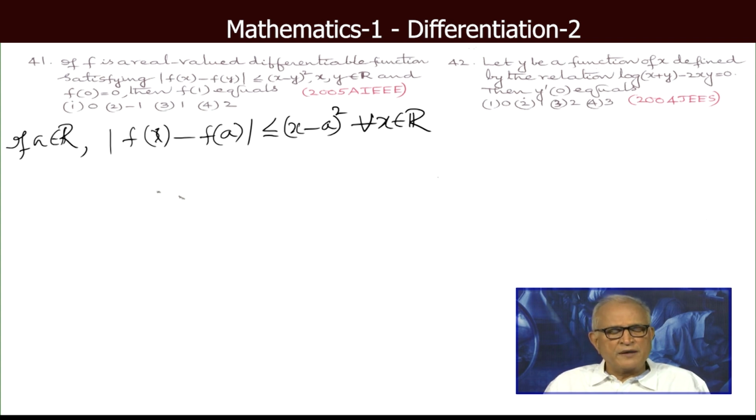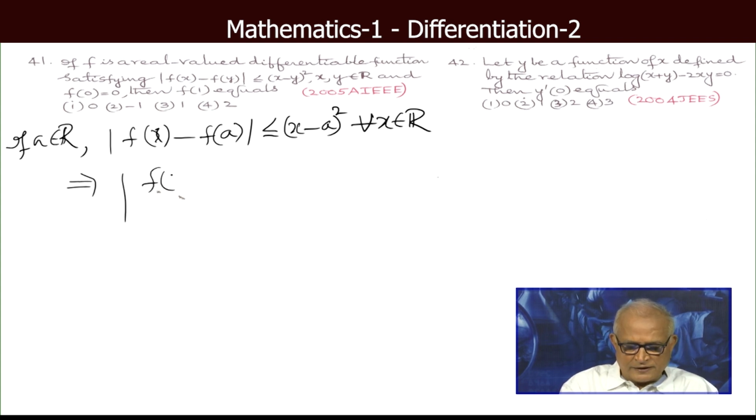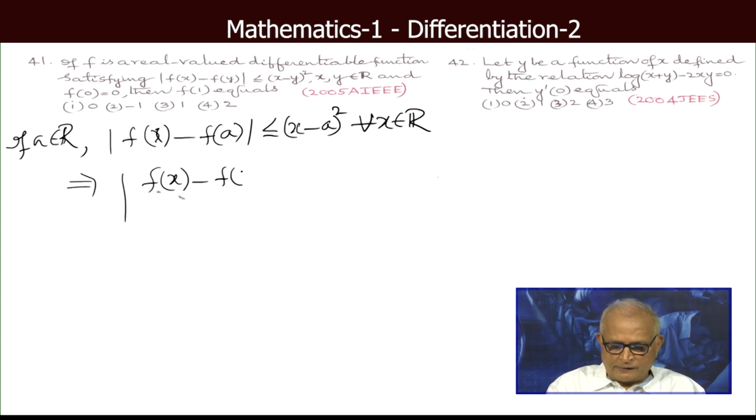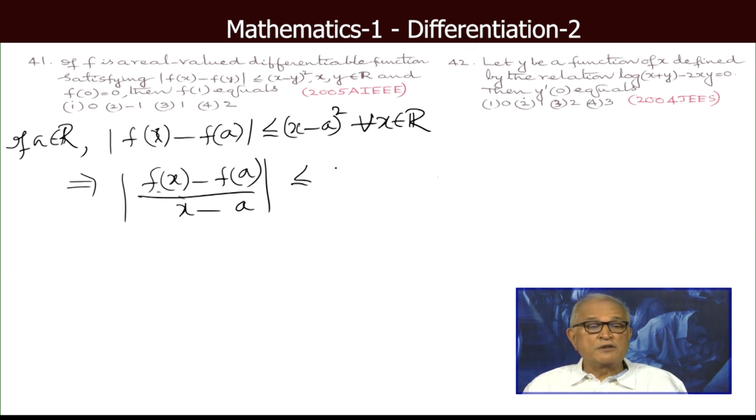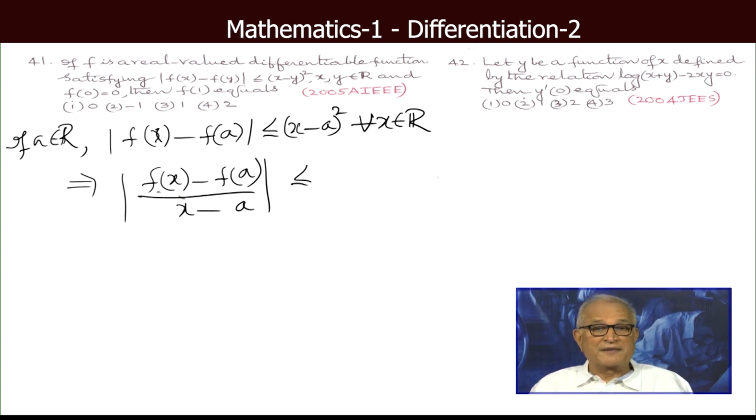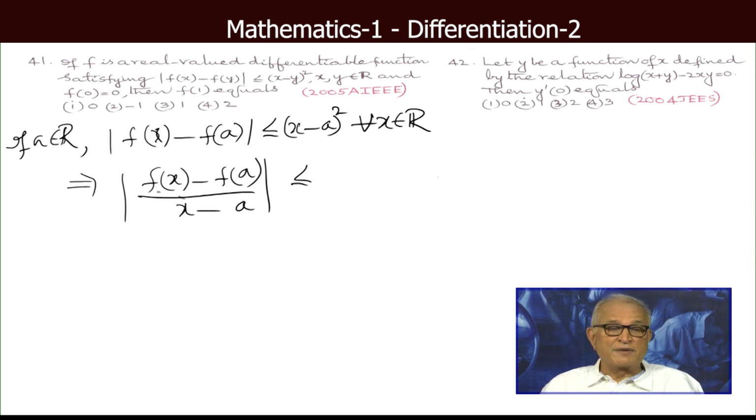Now, divide throughout by mod x minus a. Mod f(x) minus f(a) by mod x minus a is less than or equal to (x minus a) whole square by mod x minus a.